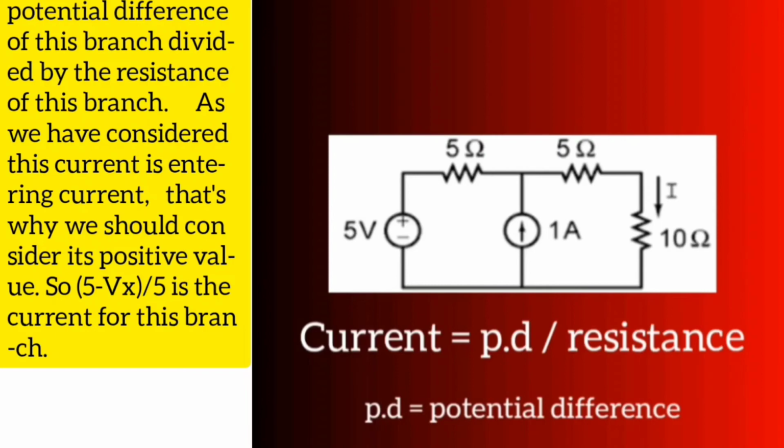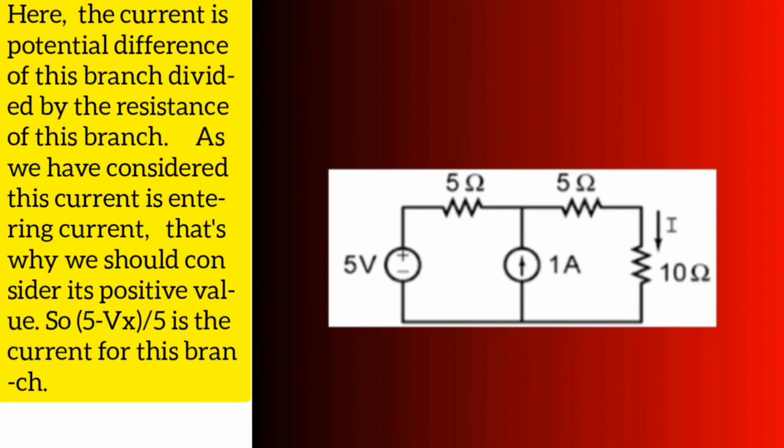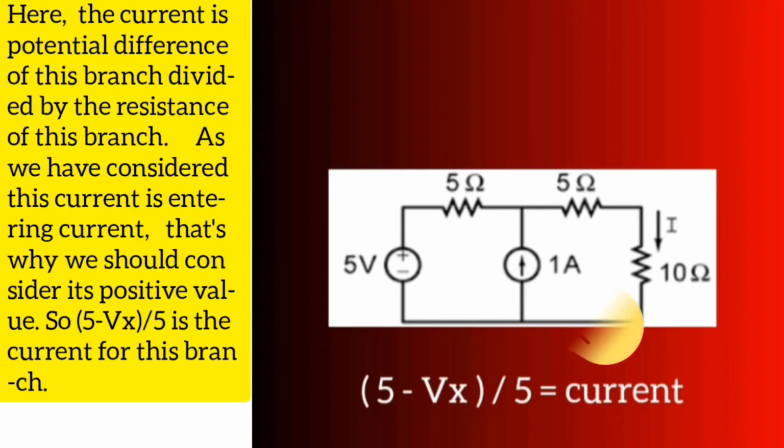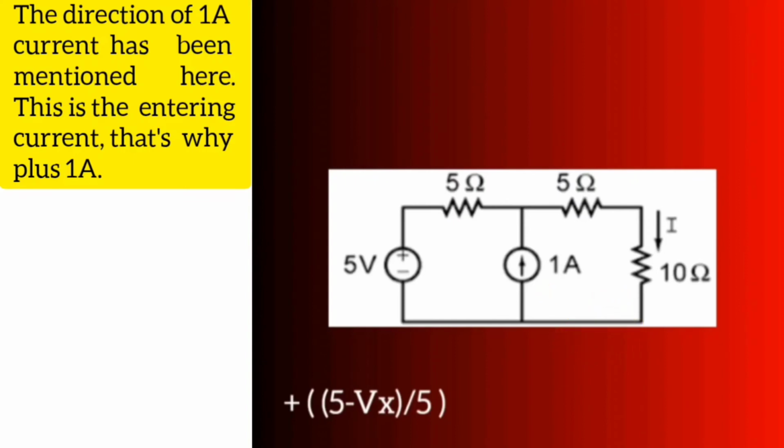As this is an entering current, we consider its positive value. So plus (5 minus Vx) by 5 is the current for this branch. The direction of the 1 ampere current has been mentioned here. This is the entering current, that's why plus 1.